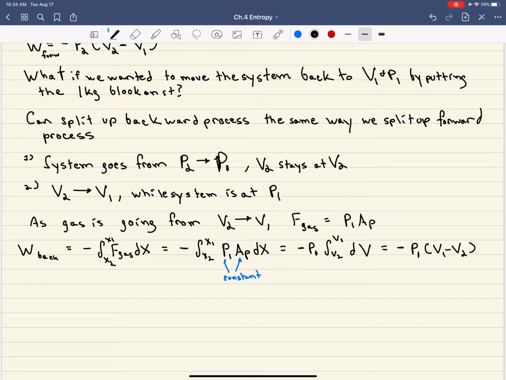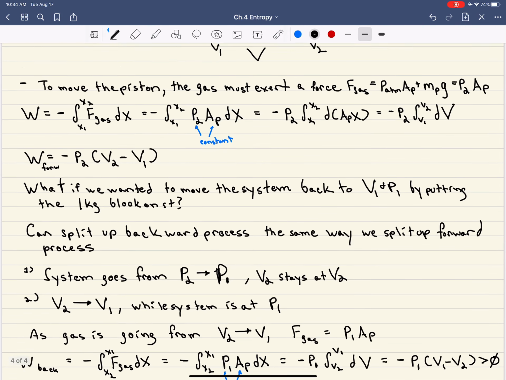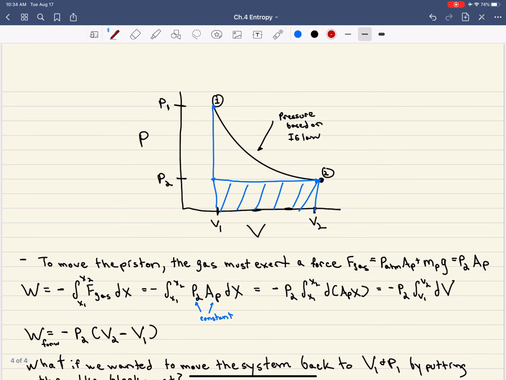All right, and so in this case, we know V1 is less than V2. So inside the parentheses, we get a negative, right? But we also have this negative outside here. And that means we're going to get a positive work. Okay? And so if we go back to the graph that we had here, in the reverse case, or the backwards case, we start at state 2, and we end at state 1.